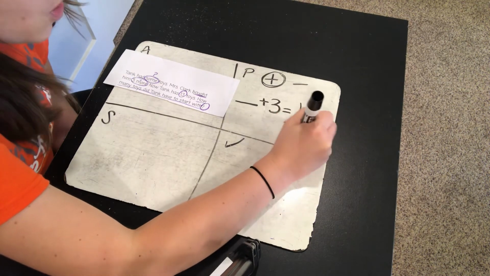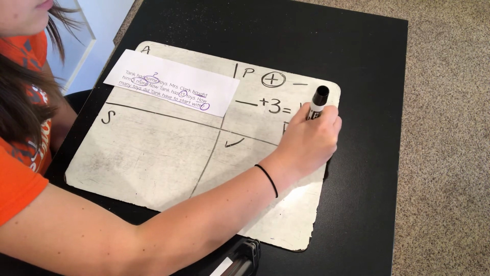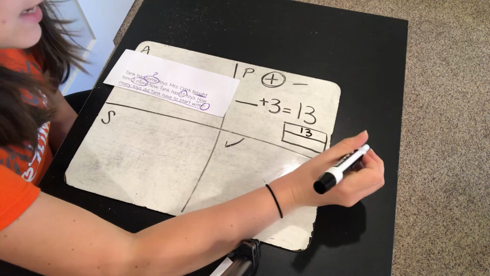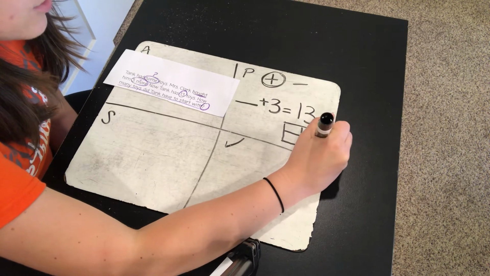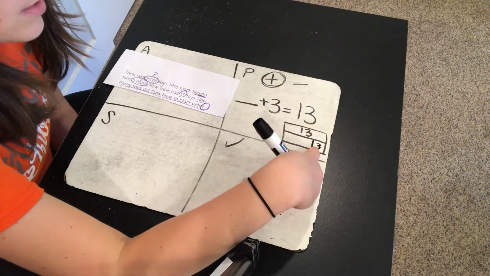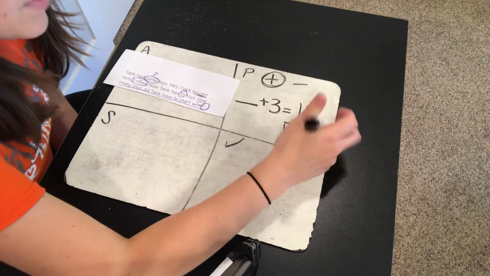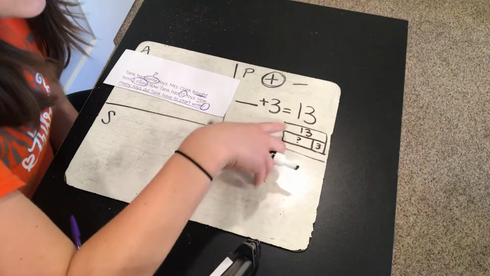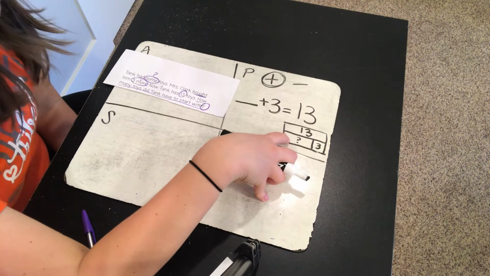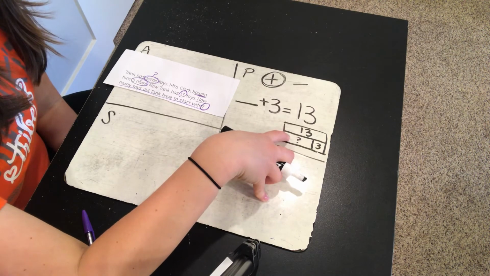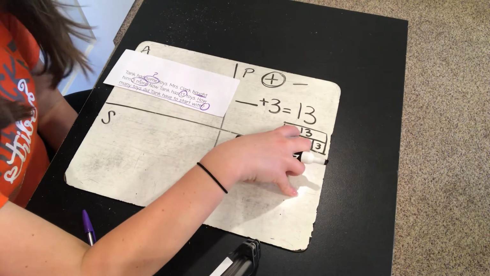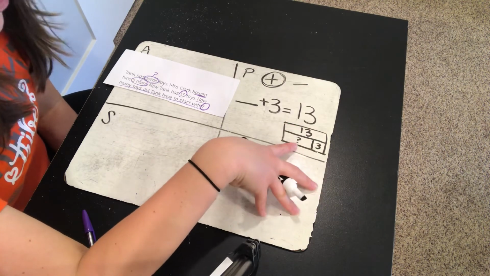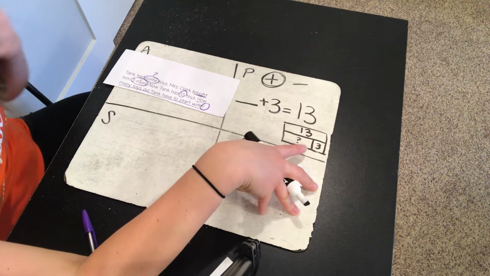So I know my whole is 13, and I know a part is 3 because Tank got 3 more. The missing part that I'm trying to figure out is how many did he have to start with. He started with some. Miss Clark bought him 3. Now he has 13. So we're looking for how many did he start with.